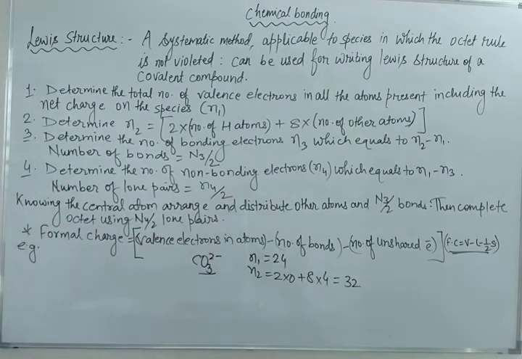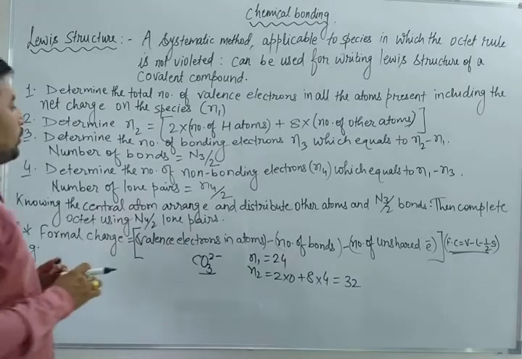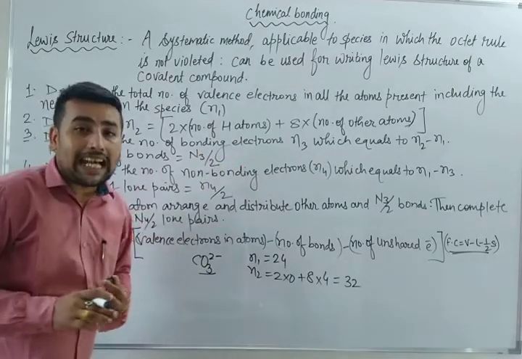Now you have to calculate the number of bonding electrons. The number of bonding electrons is denoted by N3, which is equal to N2 minus N1. So the number of bonds will be N3 by 2. First of all, you have to calculate the number of bonding electrons.